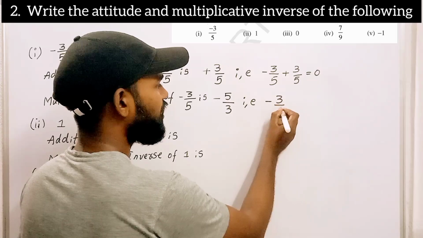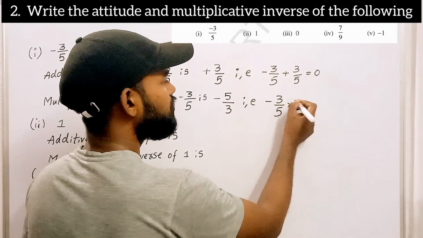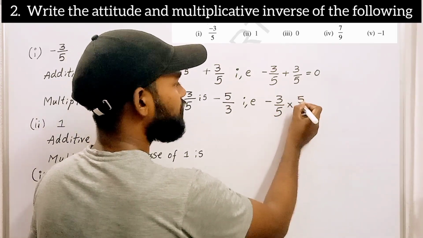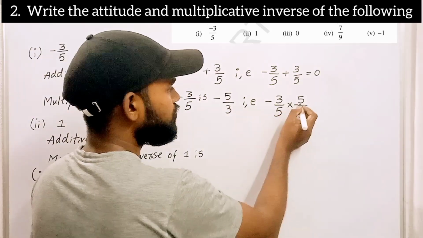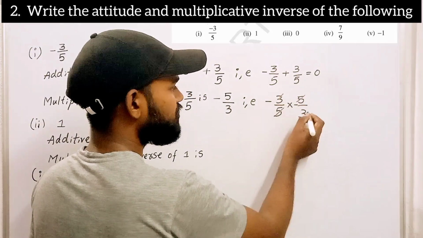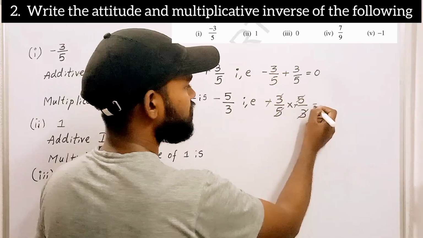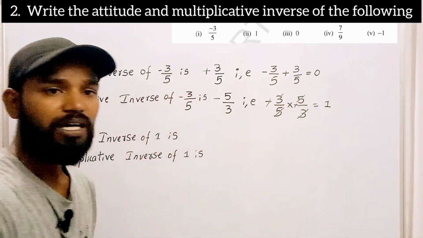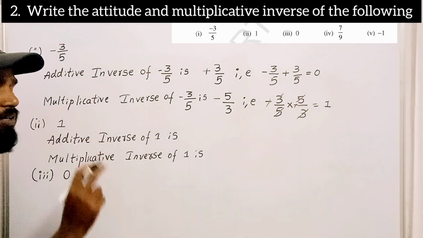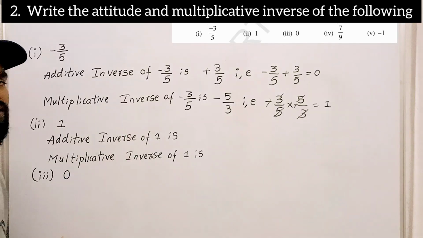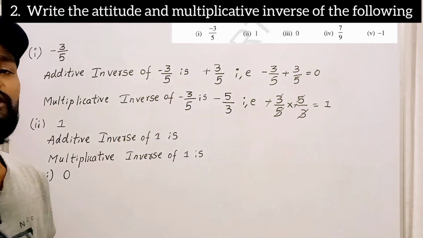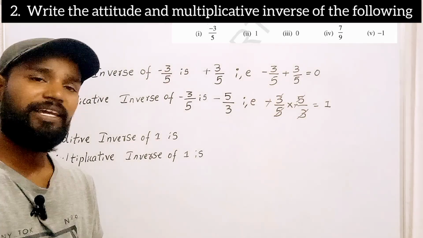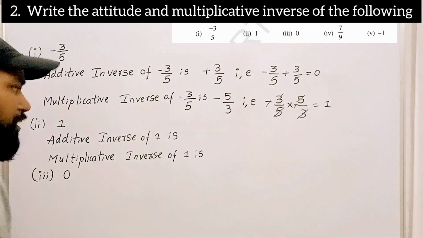Minus 3 by 5 into minus 5 by 3. Now the 5 and 3 cancel, minus into minus is plus, so it equals 1. Yes or no? Yes. So just simply remember: if the given fraction is a by b, then the multiplicative inverse is b by a.